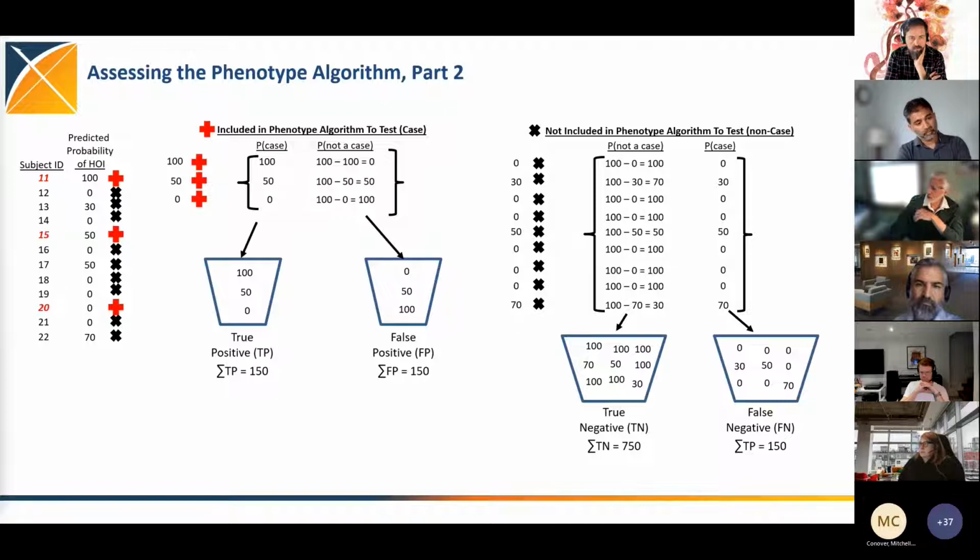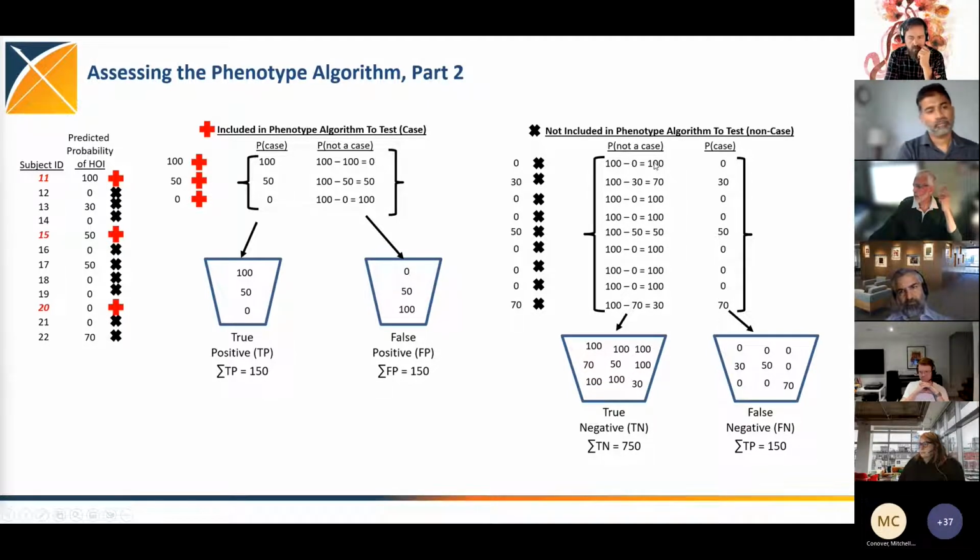You do the same thing for the people that were not included in the phenotype algorithm. You go through each one of these. If somebody has a probability of being a case of 0%, they have a probability of not being a case of 100%. 100 minus 0 is 100.